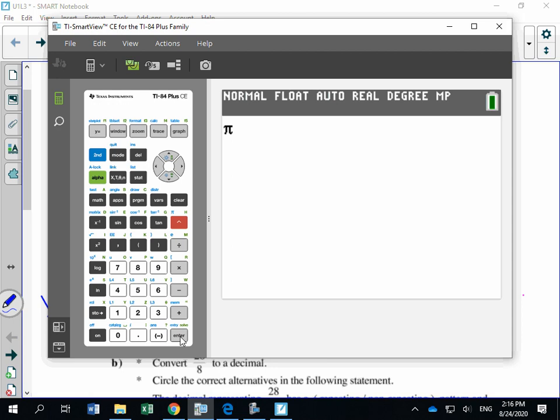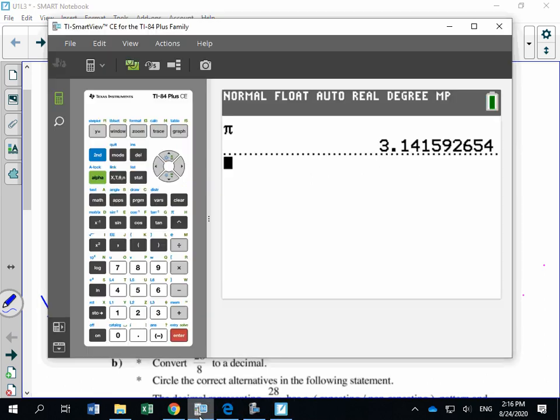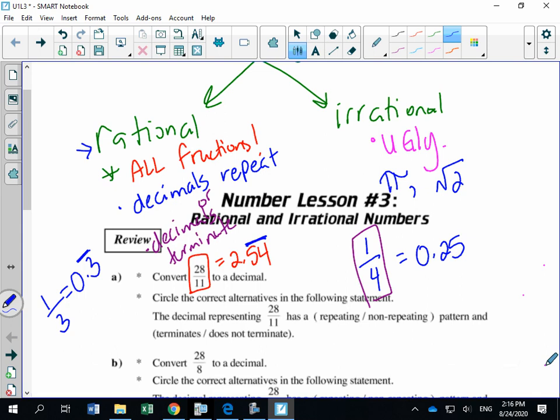That is irrational. The other one to memorize is the square root of 2. It's ugly. That decimal never terminates and it never repeats. It is irrational.